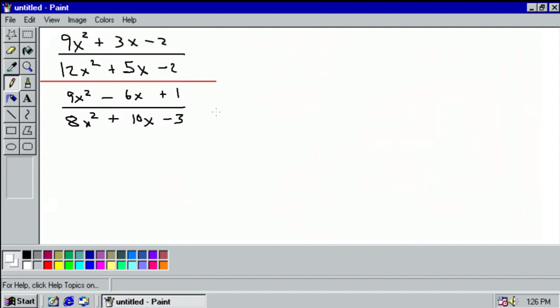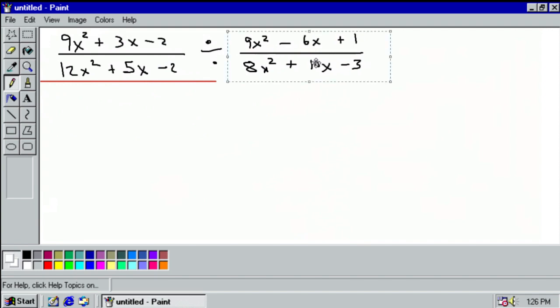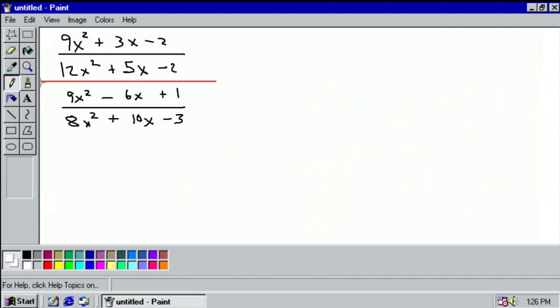Okay, so we have this. This is just the same as this, like that, and move this to this side. But we don't have that, so we have this line. That means division. All of them are trinomials, so this will be our long solution. First, let's invert the denominator, which is the bottom part, but we're just gonna leave this part as it is.